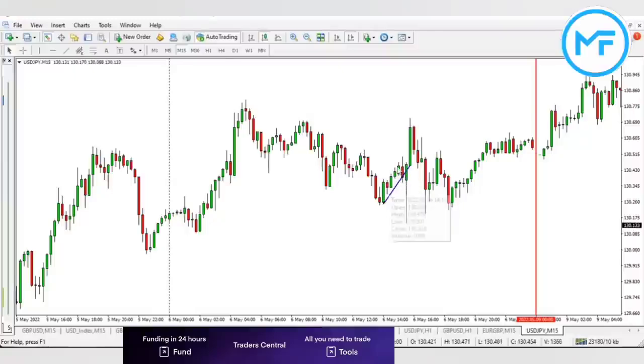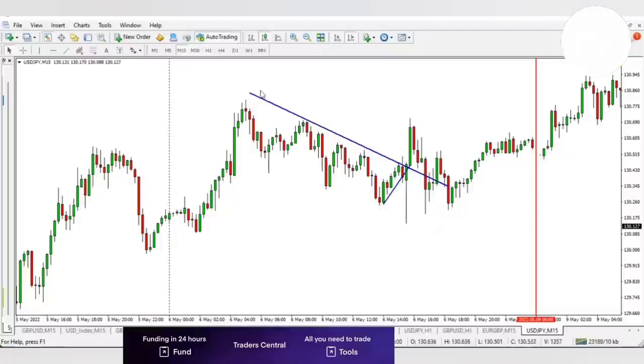Which means if the market is moving up like this, it's a sell. And if you want to confirm, you look at a normal trend line, like this. This normal trend line is for the confirmation. That is a sell.